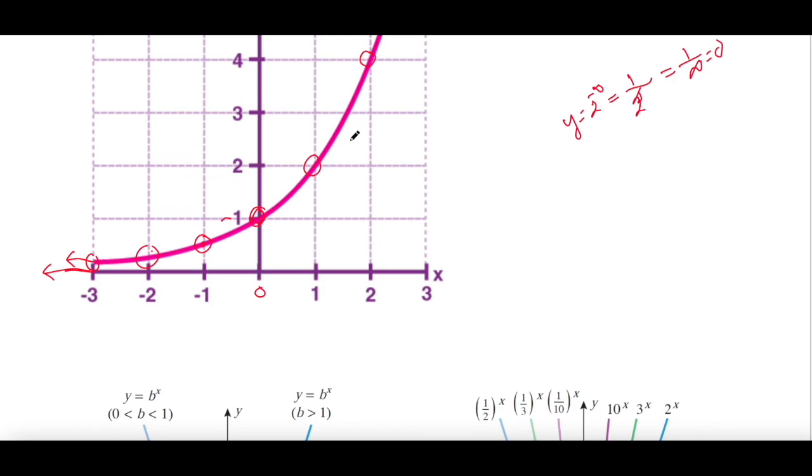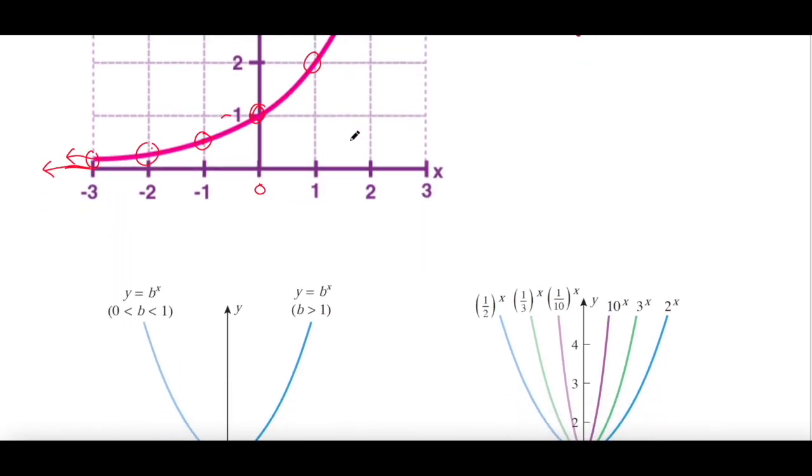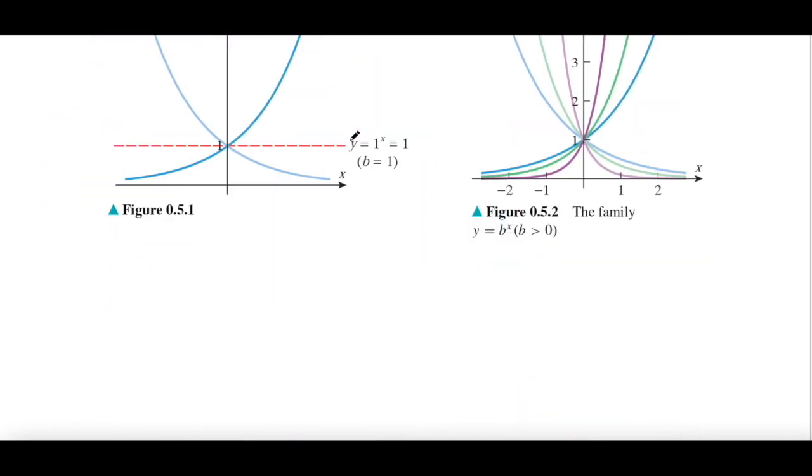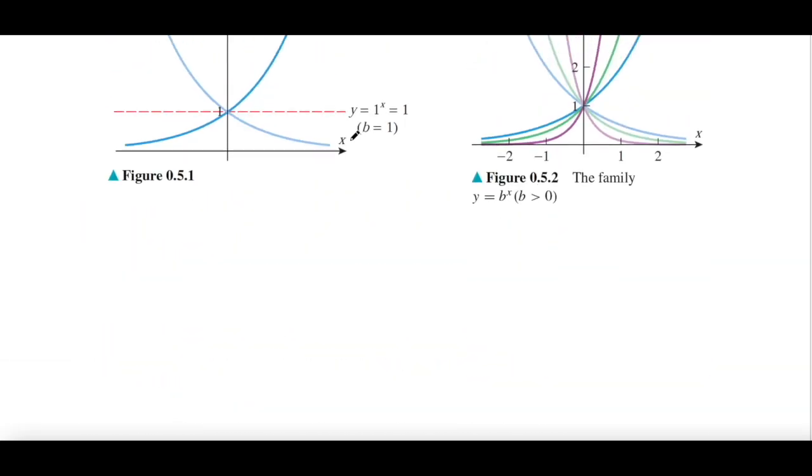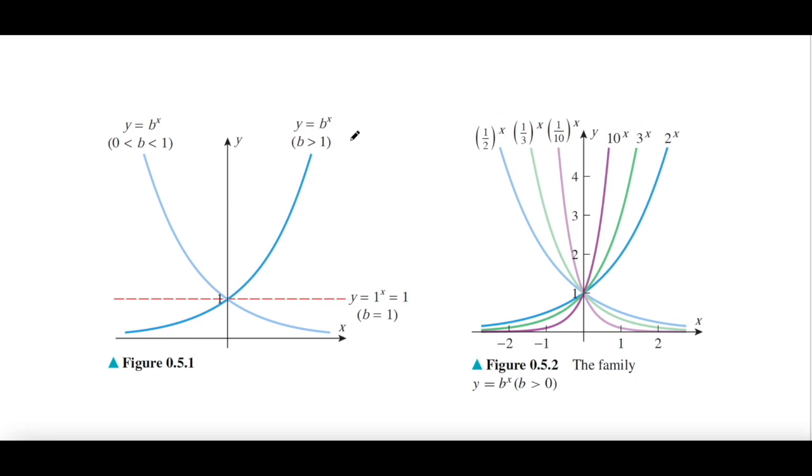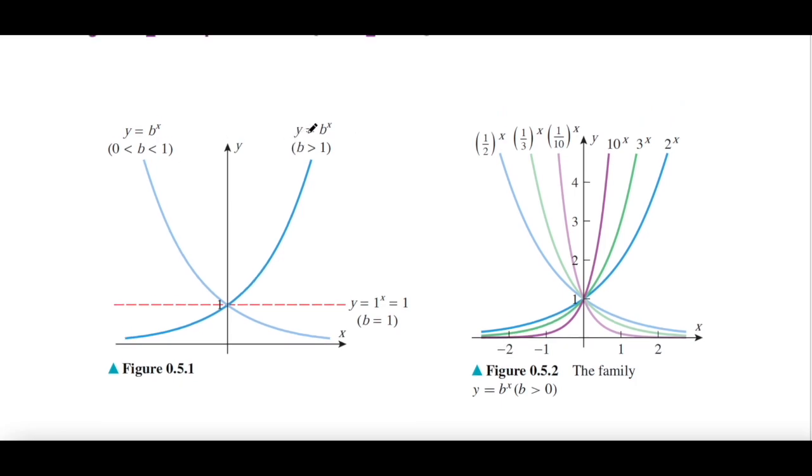Now let me also discuss some other cases. When b equals 1, that is, the base equals 1 in the function y equals b to the power x, then it will no longer be an exponential function.